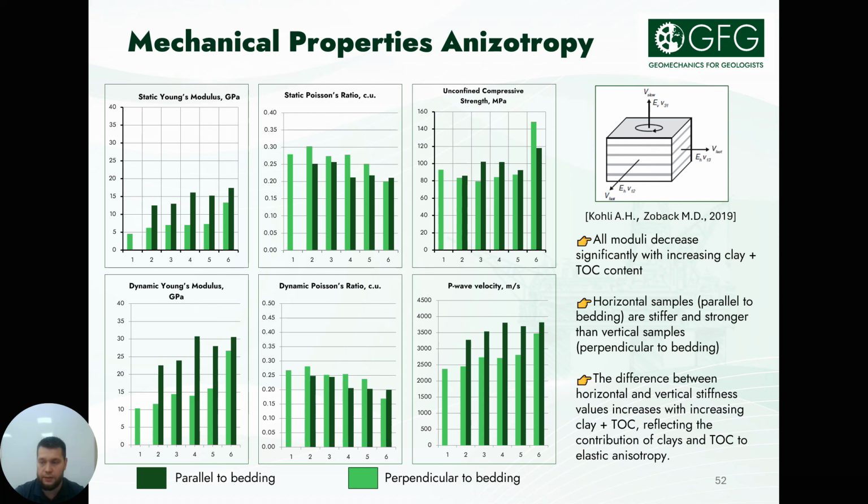The horizontal samples that are parallel to bedding are stiffer and stronger than vertical samples that are perpendicular to bedding, and lastly, the difference between horizontal and vertical stiffness values increases with increasing clay and total organic carbon, reflecting the contribution of these parameters to elastic anisotropy.